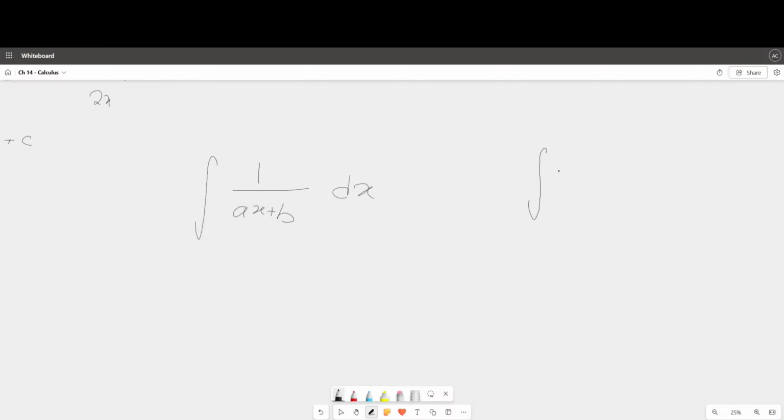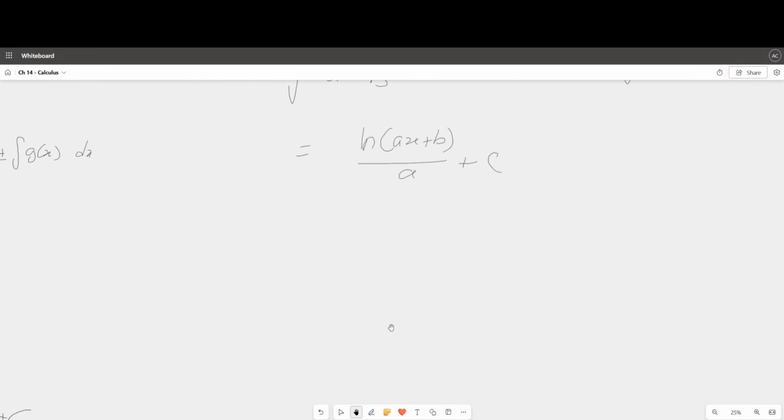It is quite similar to 1 by x dx. So there's actually a simple formula here. The integral here is just going to be ln of ax plus b, divided by a, plus c.